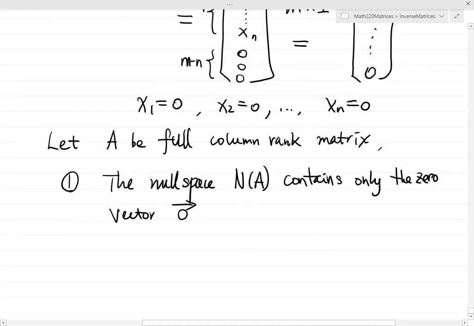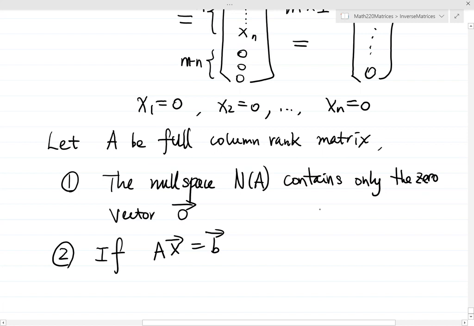So the second one. Remember the linear system: if it has a solution, if you can find a special solution, then the general solution is obtained by the special solution plus any vector in the null space. But the null space has only the zero vector.